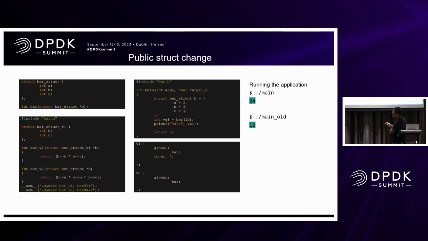I can move the previous one into the C file, because now no public application will use it, but it has a version tag. Again, the functions have a version tag: the old one uses the old structure, the new one uses the public one. I added the symver, updated the version script, and the function is changed. And voila, it works. This is what needs to be done for structures, adding versioning to the structure as well.